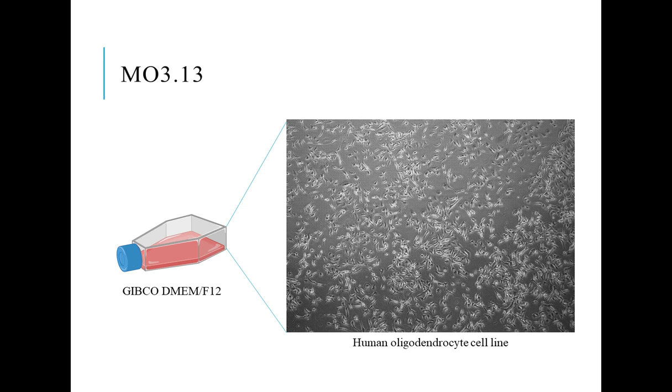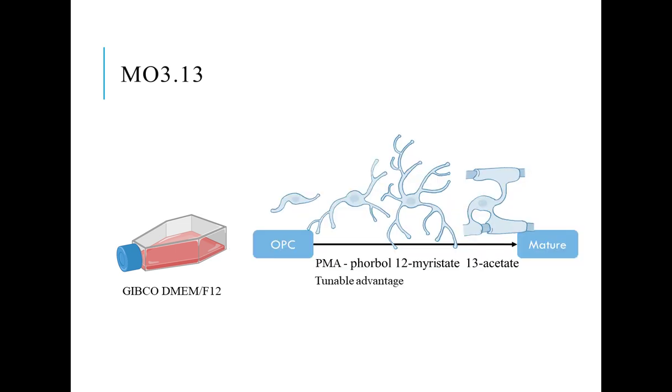One of the nice things about it is that you are able to look at both an immature state, so more like the OPC state, and the mature state of the cell. So it has this tunable advantage, and you differentiate it simply by using PMA added to the media. And here you can see the immature versus the differentiated state.